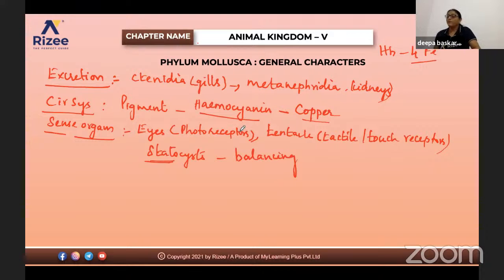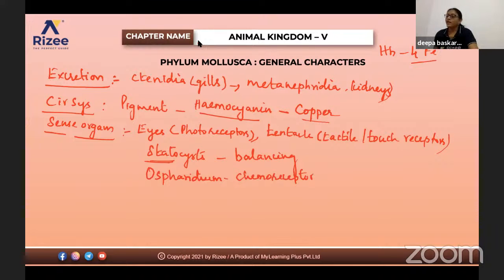Apart from that, osphradium. You should remember this term also. Osphradium is a chemoreceptor. It senses poisonous substances in the environment, so that if it finds any poisons, it will go and safeguard itself inside the shell.